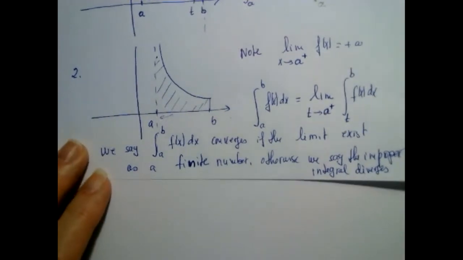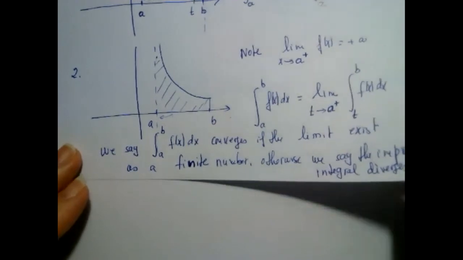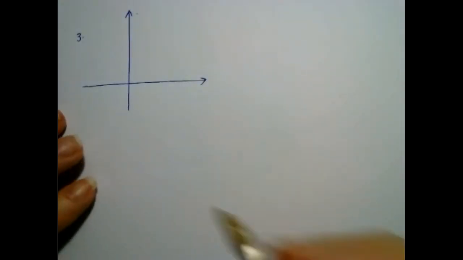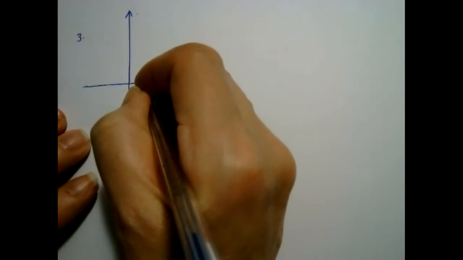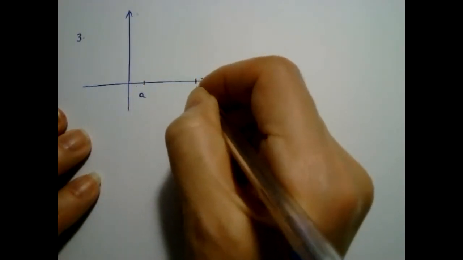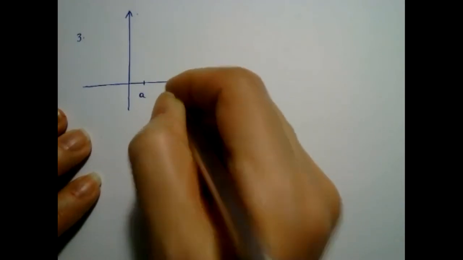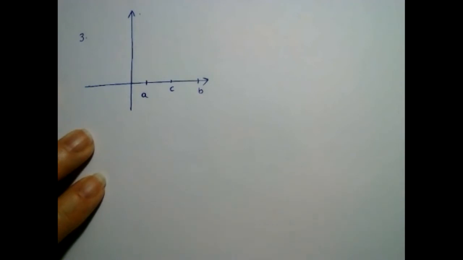Now the last scenario. Sometimes you will encounter the following problem. Between a and b, the function blows up not at the endpoint, but in between.